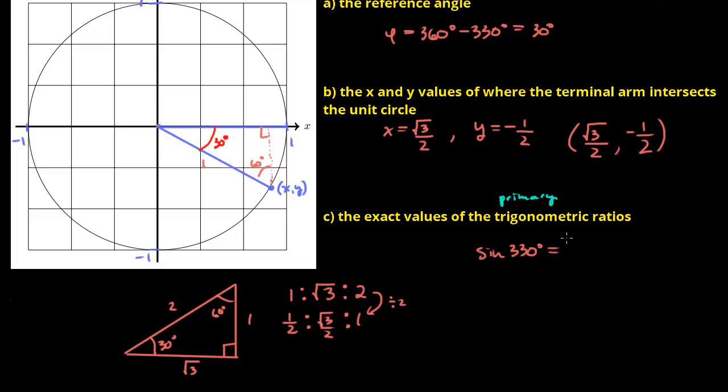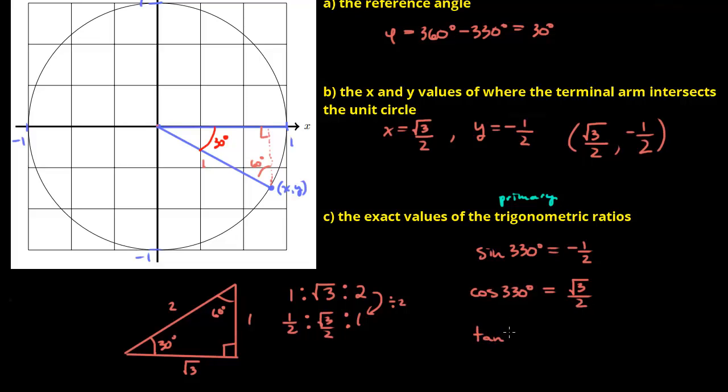So the sine of 330 degrees is just going to be equal to the y value, which is minus 1/2 over 1, which is just negative 1/2. The cosine of 330 degrees is just going to be the x value divided by the radius. The x value is root 3 over 2, and the radius is just 1 here. So we have root 3 over 2 over 1, which is root 3 over 2.